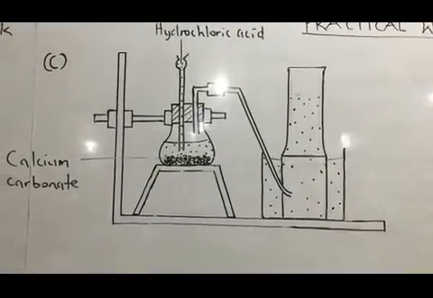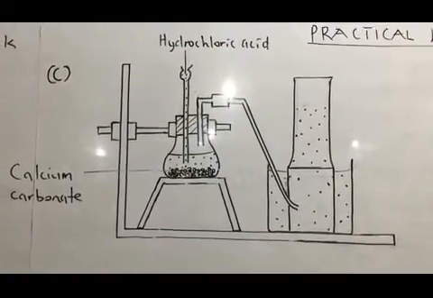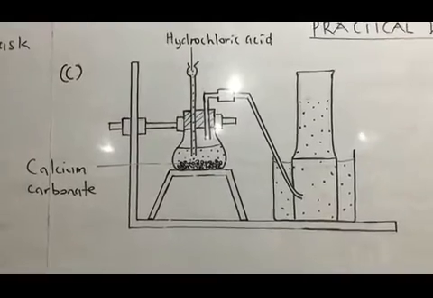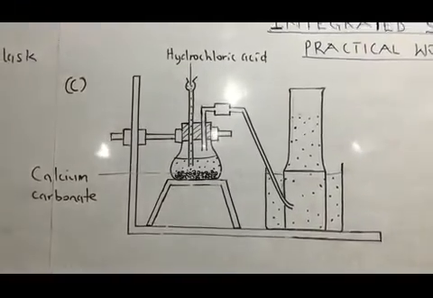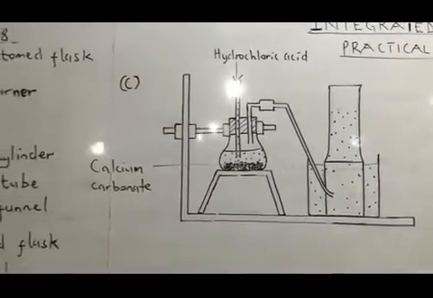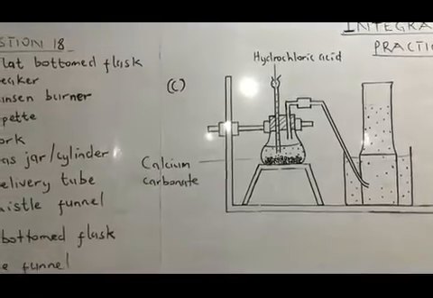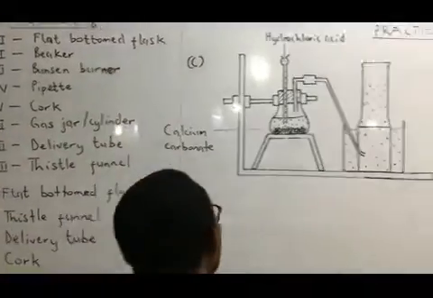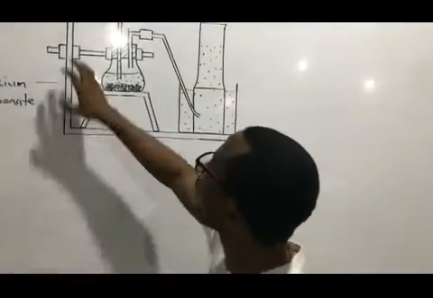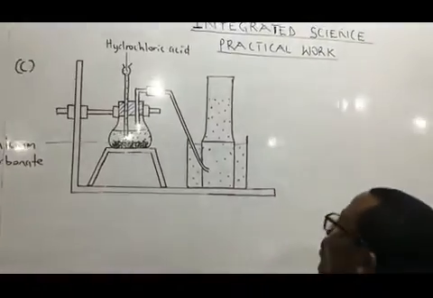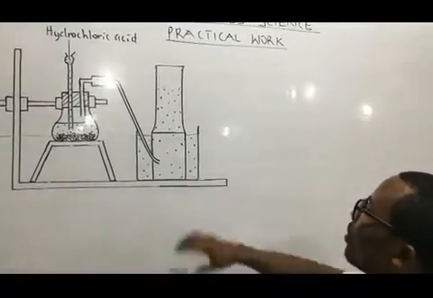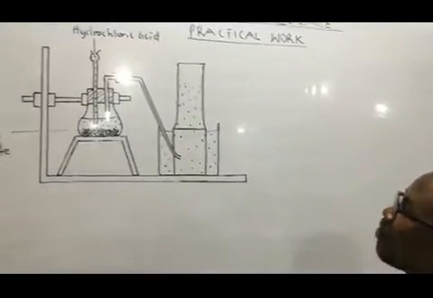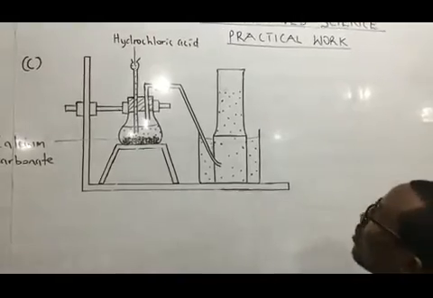You have most of this, the part already indicated here. You have your cork, you have your delivery tube, the gas jar. So the ones that you have introduced here is the retort stand, the tripod stand, the basin, and then your beehive shelf. Okay.